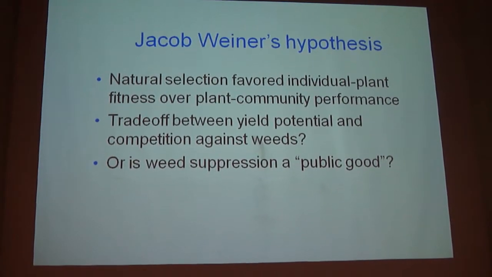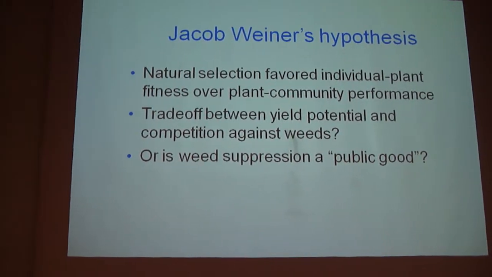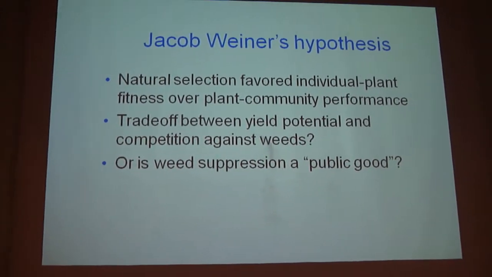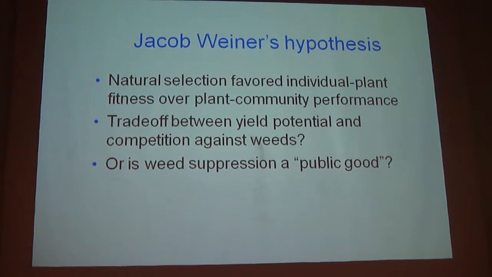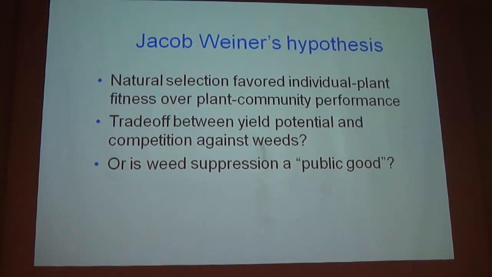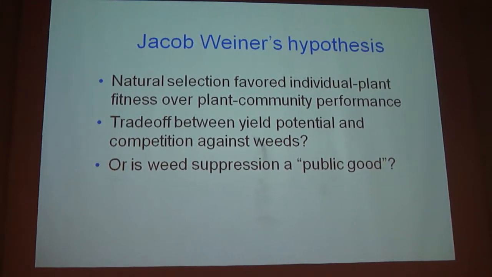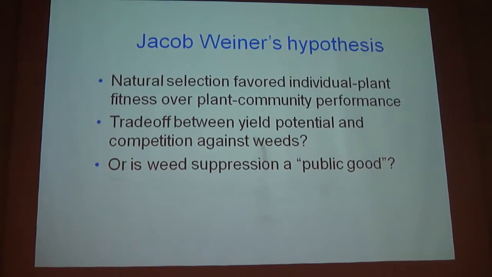And so he, like Colin Donald and me, and I guess probably Peter Jennings here, and John Harper, others, argued that natural selection favored individual plant fitness over plant community performance. So we're all in agreement about that. But his argument is that individual plant fitness isn't necessarily exactly the same as the ability to compete with and suppress weeds.